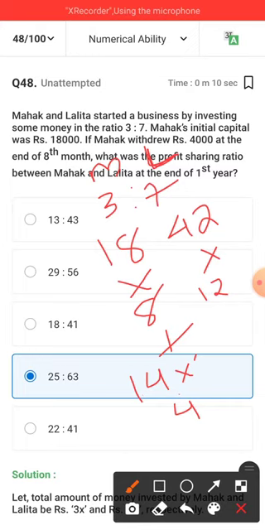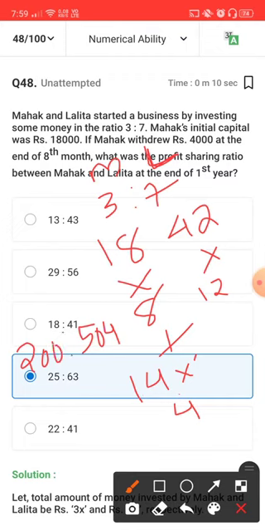42 into 10, 420, 42 into 2, 84. So 420 plus 84, 504. Then 18 into 8, 144. 14 into 4, 56. 144, 56, 200.